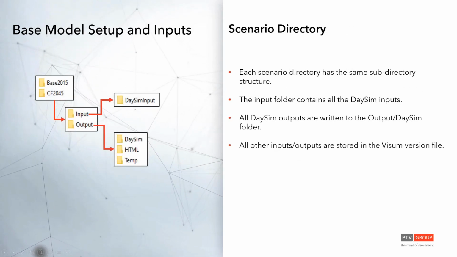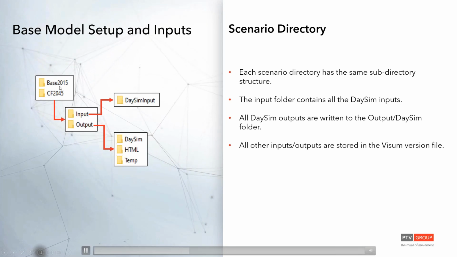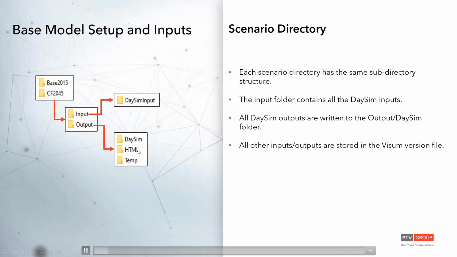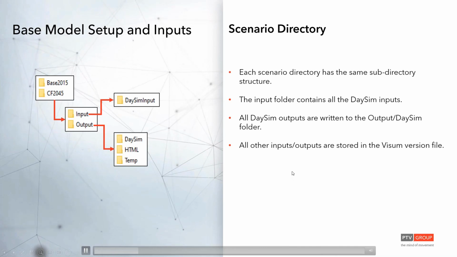Each scenario directory has the same subdirectory structure. It has an input and output folder, and input includes a DASIM input folder, and output would include DASIM, HTML, and a temp folder.